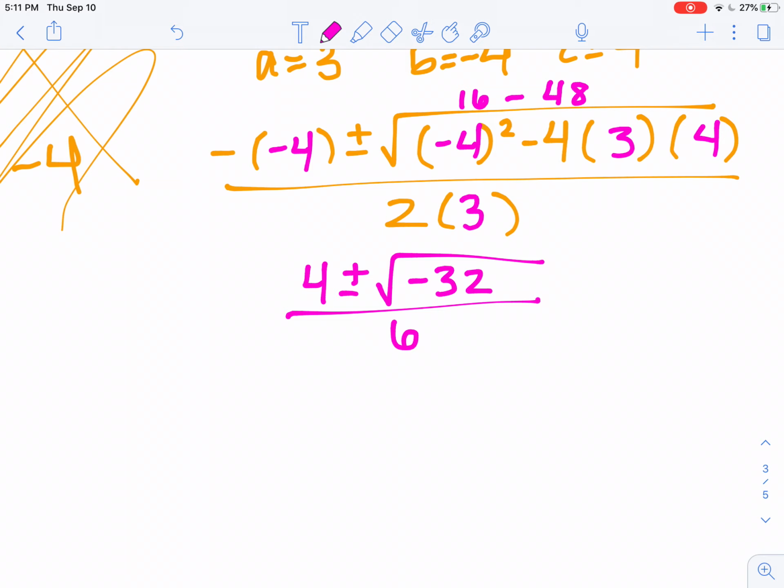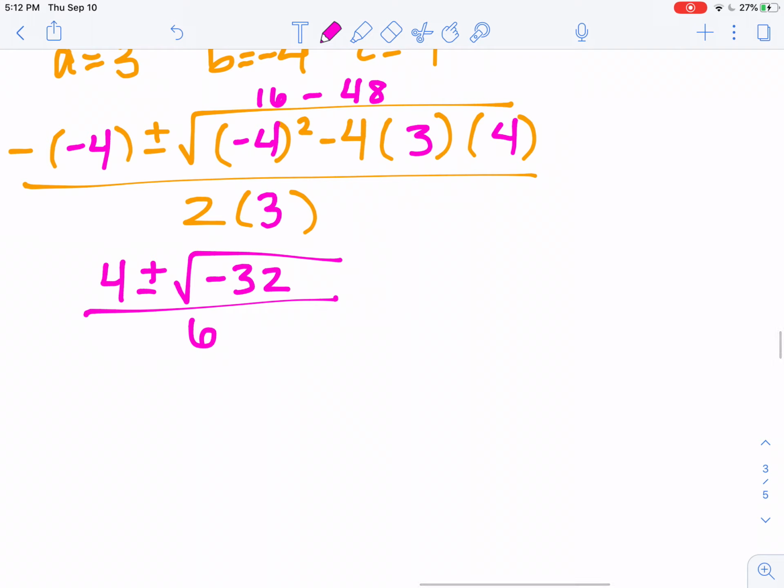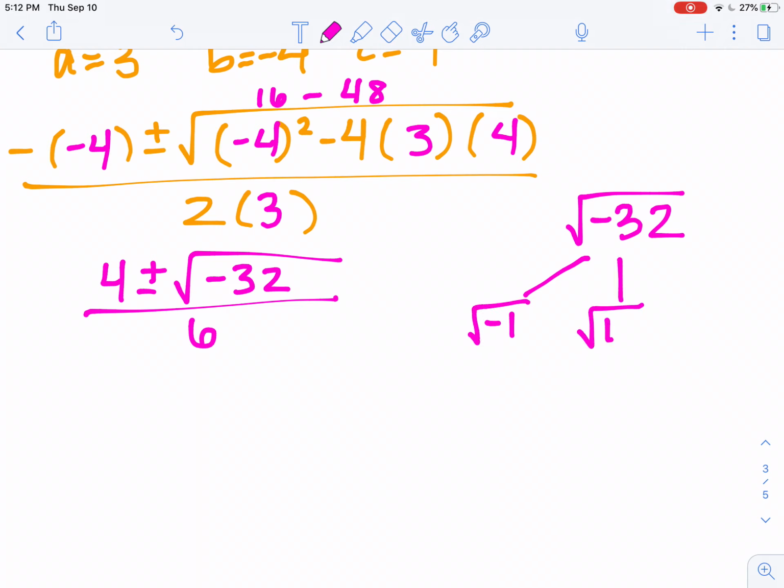The first thing we want to check is, can we simplify the radical? So, is 32 a perfect square? No. But is 32 divisible by a perfect square? The answer is yes. So 32 is divisible by 16. I'm going to break it up into its factors. This time I get one extra factor though, because notice it's a negative 32.